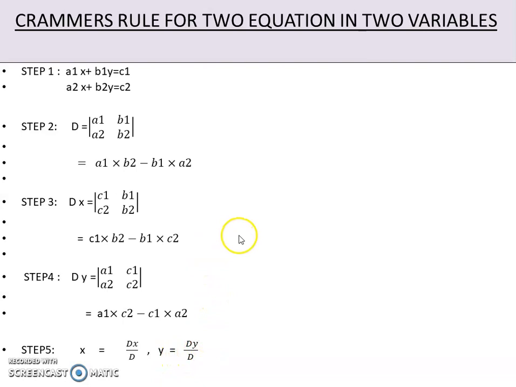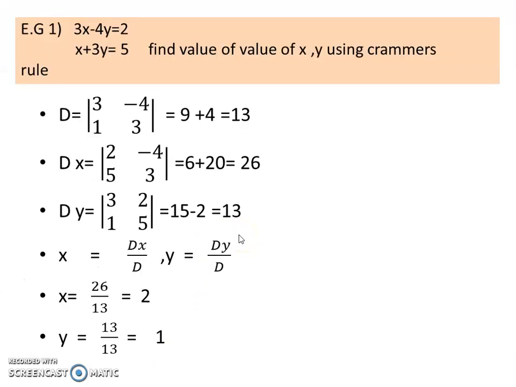Let us try an example based on Cramer's rule for two equations and two variables. Let us check. These equations have two variables x and y, and a two-equation system is there.